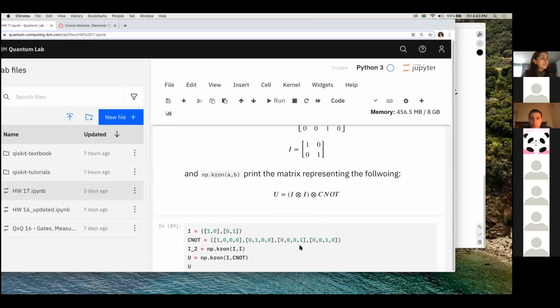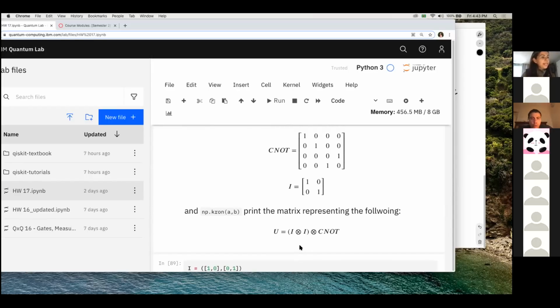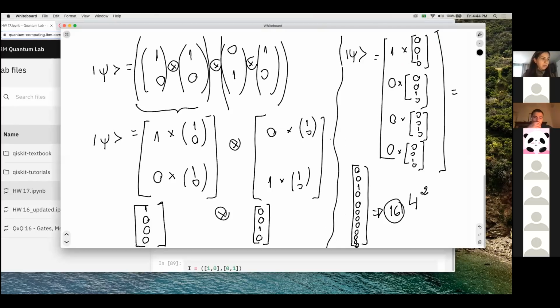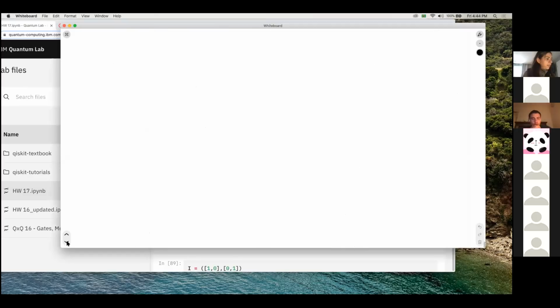So yeah, let's do it. The first step, I'm going to do just for the identity matrix, just because it's easy to do. I'm going to show it here and then we're going to do it with Python. So the identity matrix 4 by 4 is given by that.